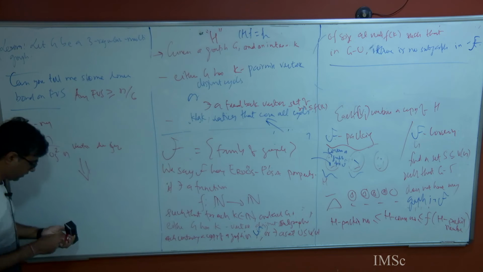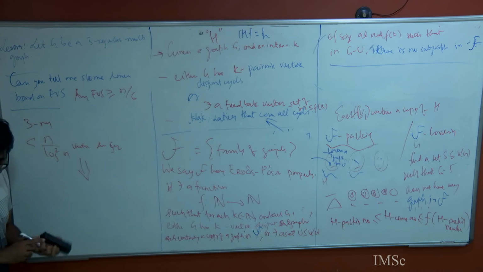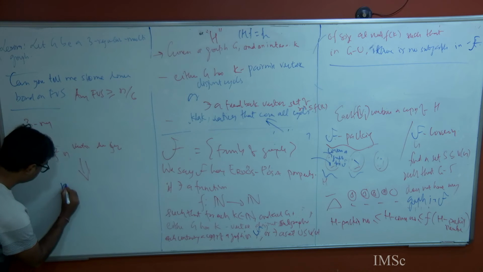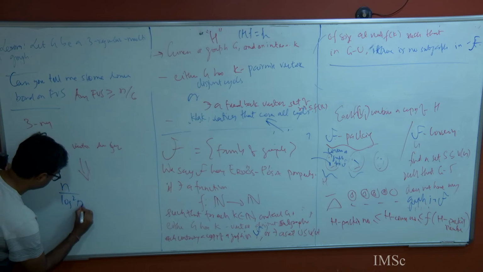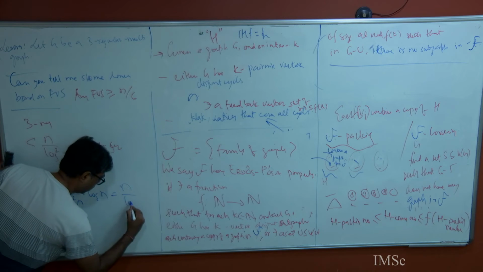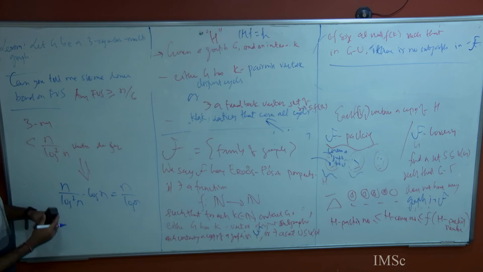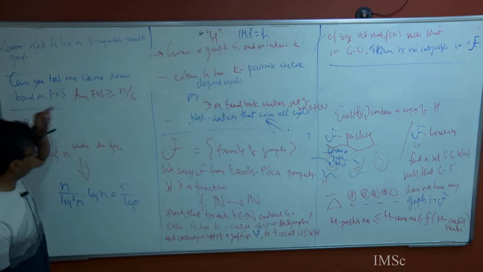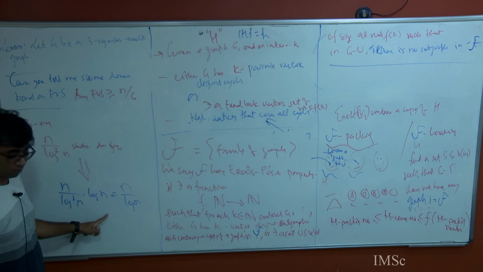If this is true, then it has a feedback vertex set of size how much? But every 3 regular graph has a feedback vertex set of linear size, so this is impossible, no?